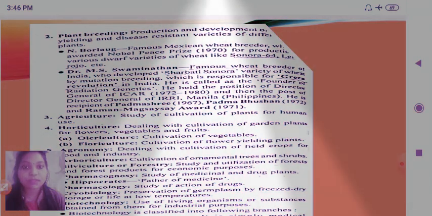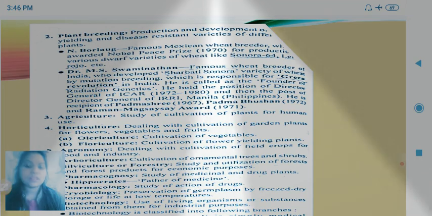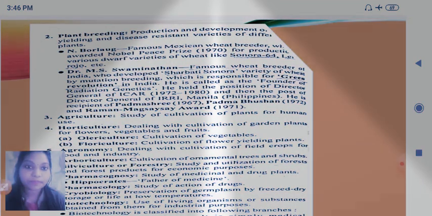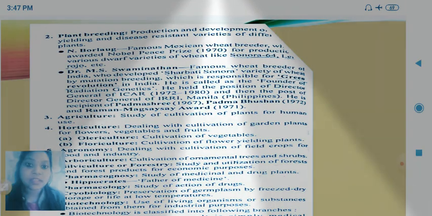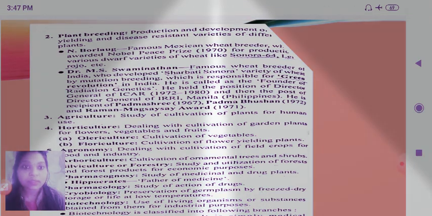And ICAR, the Indian Council of Agricultural Research, is an Indian institution which has developed many hybrid, high yielding and disease resistant varieties.